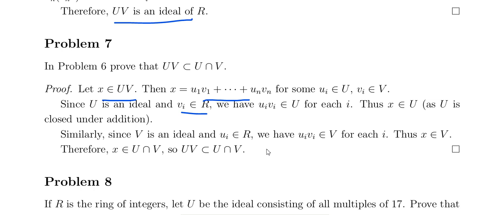V is an ideal and ui belongs to R, so ui vi belongs to V for each i. Therefore x belongs to V, so x belongs to both U and V, that is, the intersection also contains x. So UV is a subset of U intersection V.